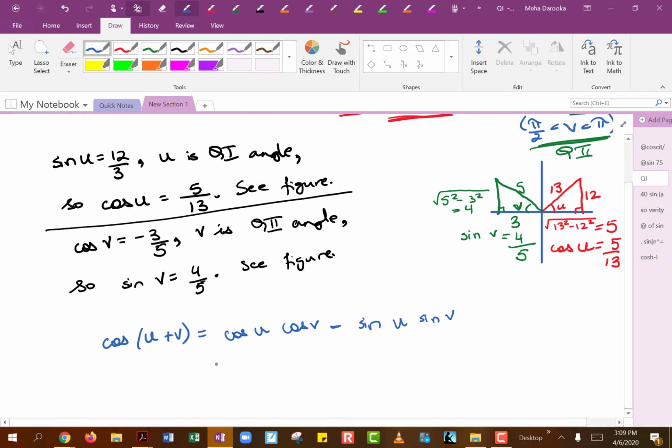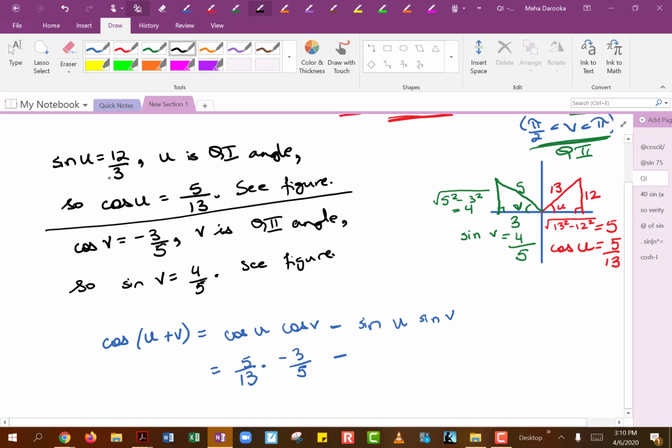Okay, so let's see, cosine of u, and this is right here that I have written in black, or you can use the figure to help you out also. Cosine of u is going to be 5 over 13. Cosine of v was already given to us, so that's negative 3 over 5. Minus sine of u was given to us.